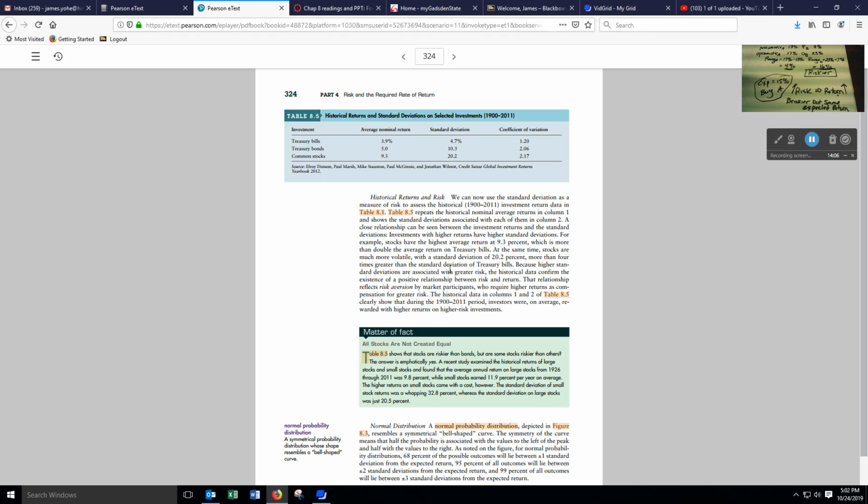Because higher standard deviations are associated with greater risk, the historical data confirm the existence of a positive relationship between risk and returns. That relationship reflects risk aversion by market participants who require higher returns as compensation for greater risk.